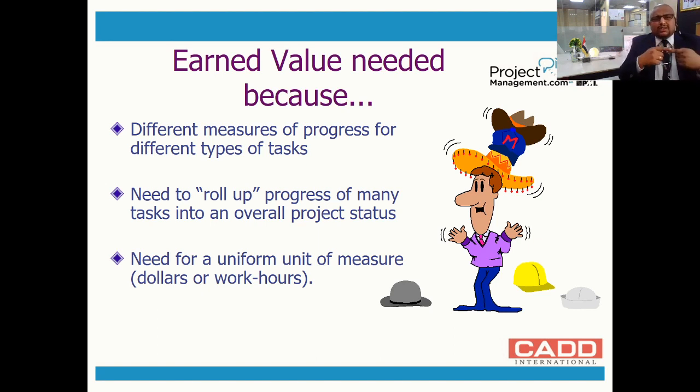So you need to roll all the activity updates into a single thing. This is what earned value does, and it needs a uniform unit of measure. This is just summarizing it: dollars or work hours, whatever it may be, should be represented in a single unit.